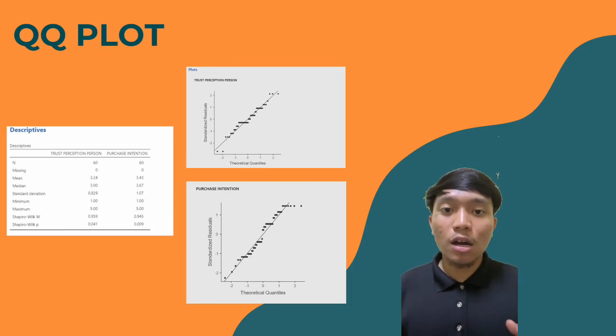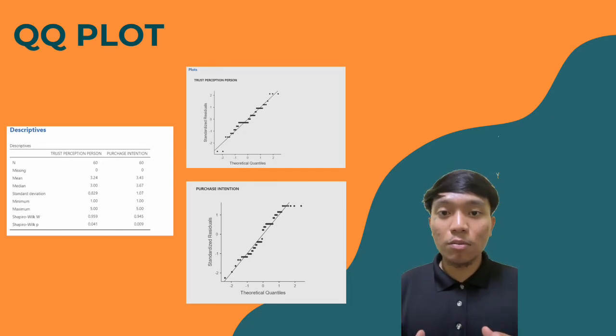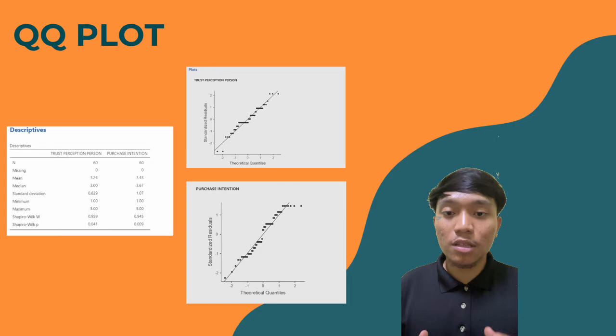Spearman's rho is a non-parametric statistical test that does not require the data to be normally distributed, making it the most appropriate method for analysing the relationship between the variables in this study.